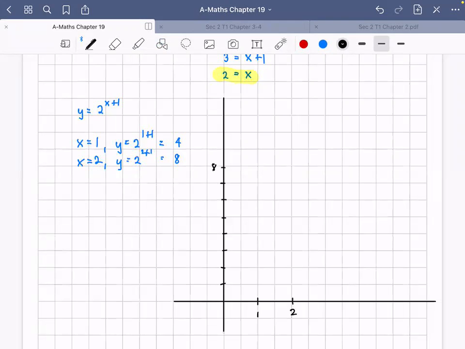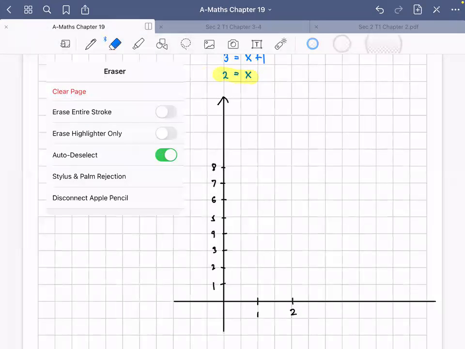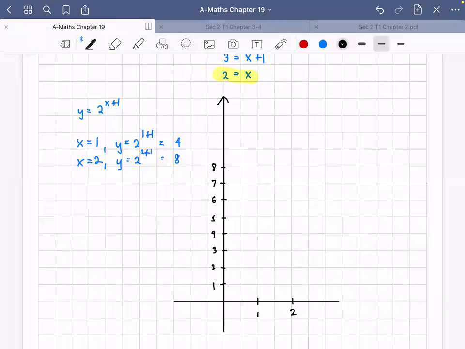Okay, so it is 8. And again, this is x, and this is your y value. Okay, so let's plot those points now.